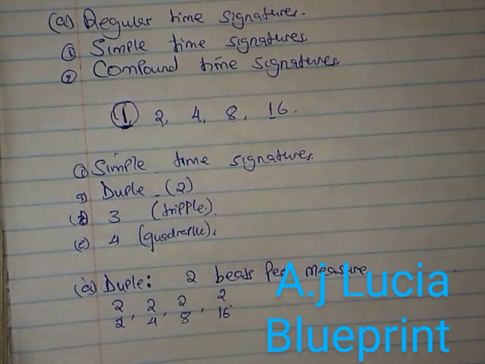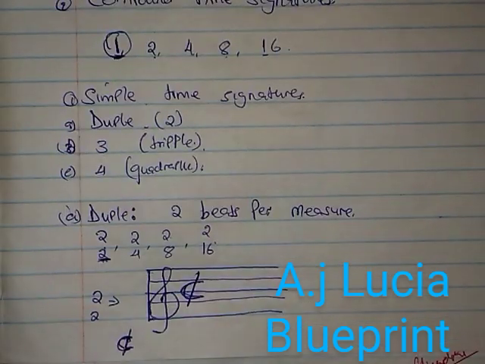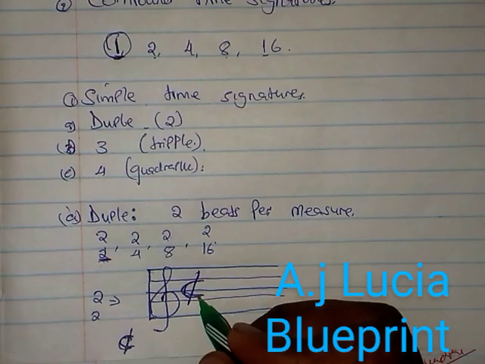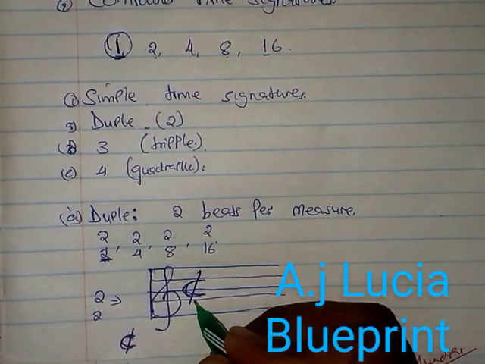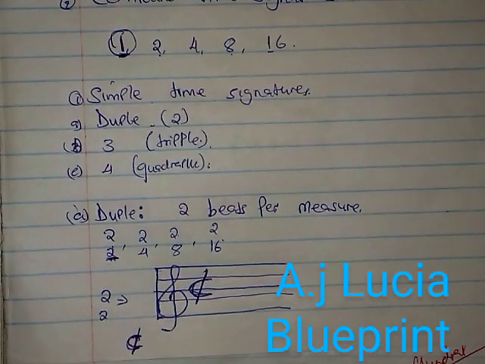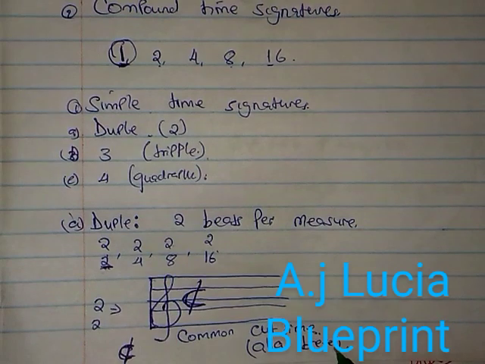It's my hope that by now we understand the implication of each number. Duple 2, 2 can be represented by the sign shown on the screen, that is a crossed C. The sign is called cut time, musical name alla breve.